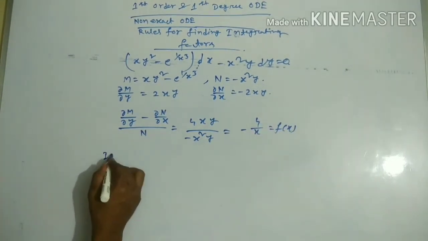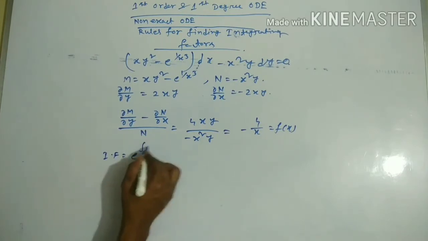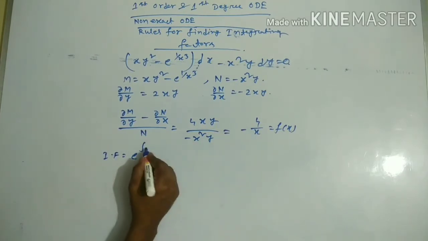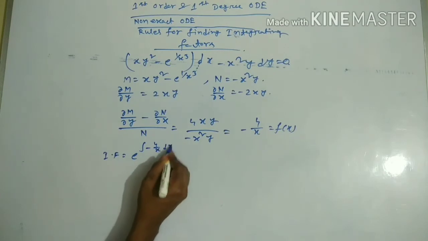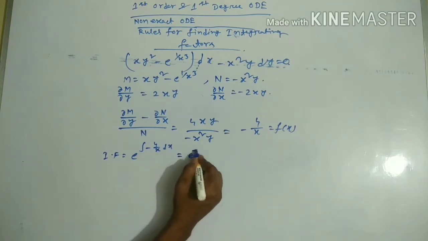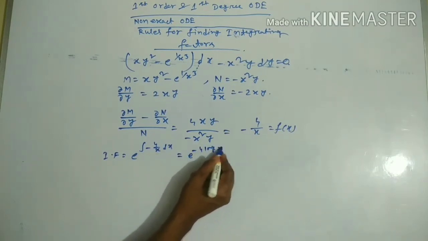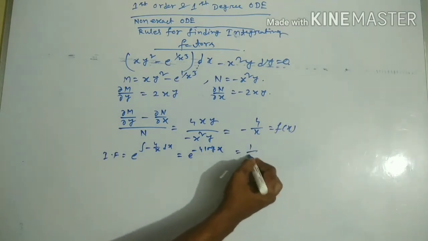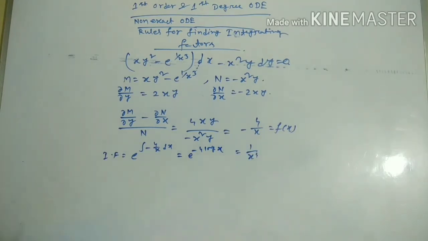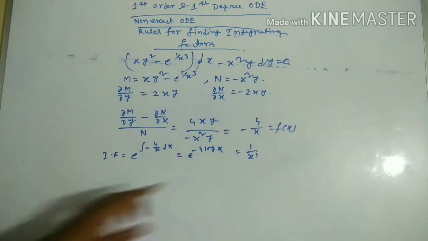So the integrating factor will be e to the power integration f(x), that means minus 4 by x dx, that is e to the power minus 4 log x, and this is equal to 1 by x to the power 4 by using the property of logarithm.